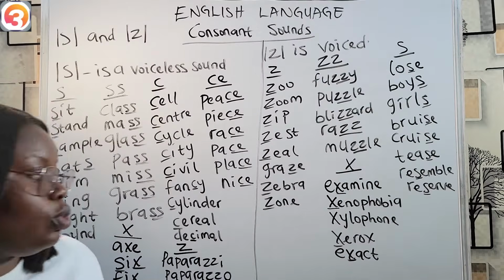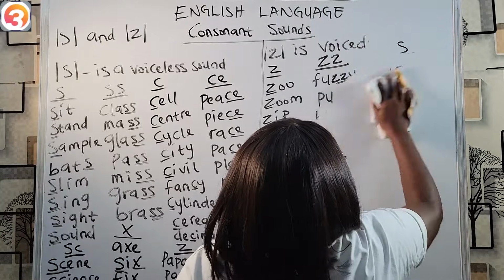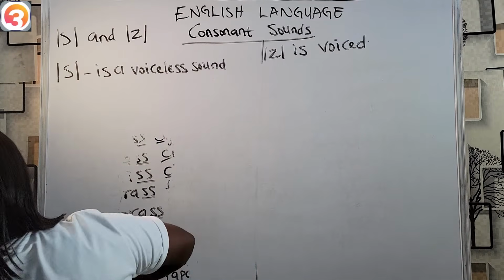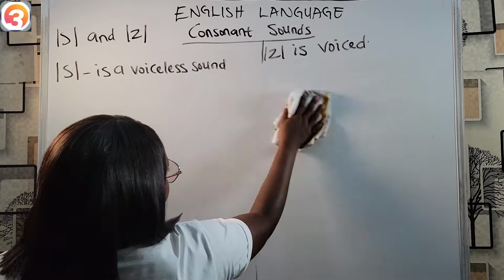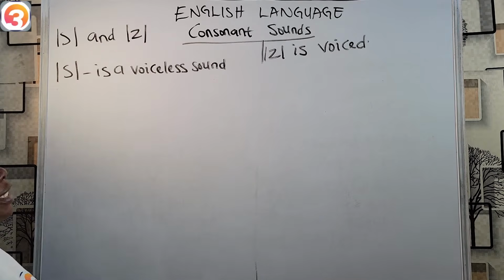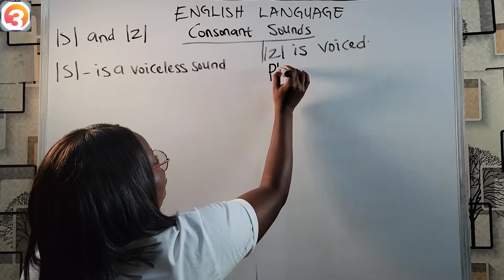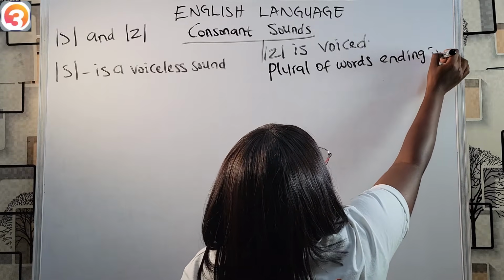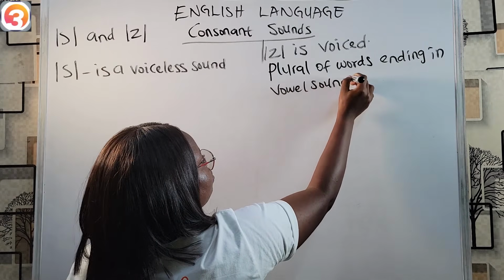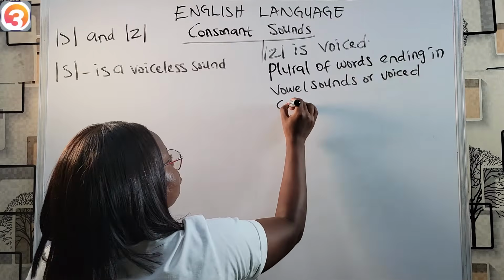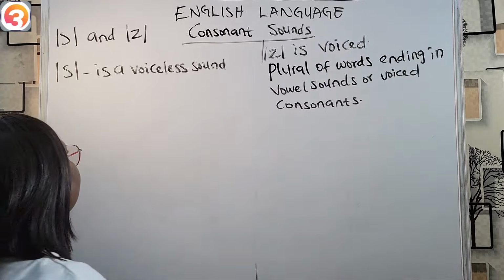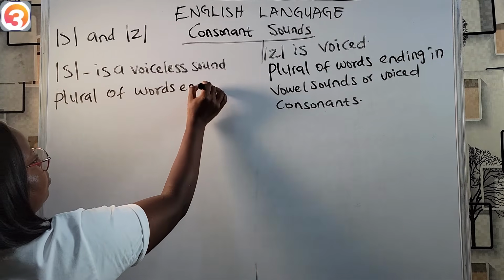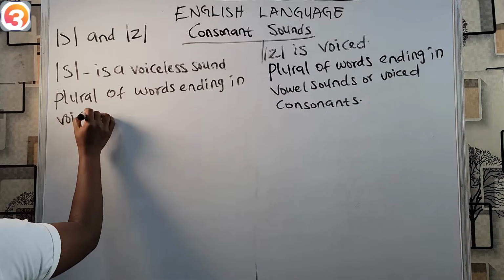Then one thing about these two sounds as well, when we are looking for the singular and plural of words, and you need to add S to find the plural. We pronounce it as Z if the word is ending in vowel sounds or voiced consonants, while we pronounce it as S if the word is ending in voiceless consonants.